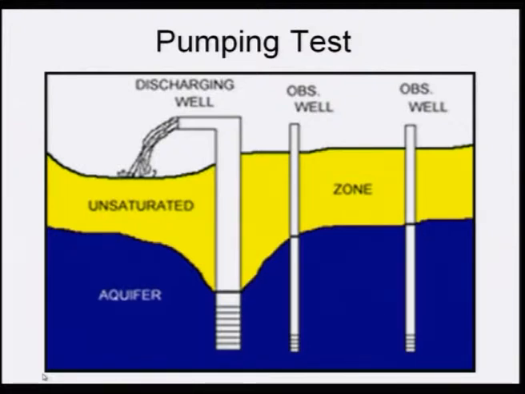At a constant rate the water is discharged from the discharge well, and at the same time, in the observation well, how much the water level falls can be measured mechanically or electronically. There are two ways. As I said, mechanically you can put a scale inside and find out how much the water level in terms of depth has decreased.